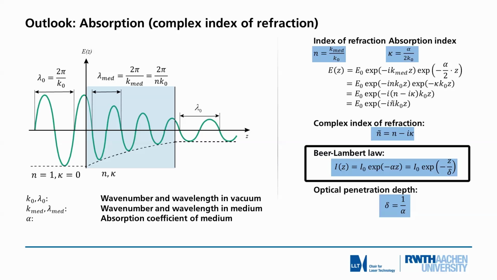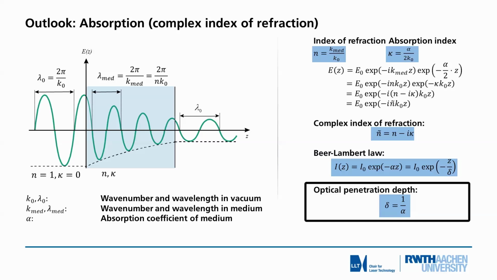So for the intensity, we measure an exponential behavior of the loss of intensity along the transmission through the absorbing medium, and this is represented by alpha, the absorption coefficient, and it is connected to the absorption index by a factor of 2, and this comes just from the square of the electric field to the intensity. Finally, the penetration depth of the radiation into a medium then simply is 1 over the absorption coefficient alpha.